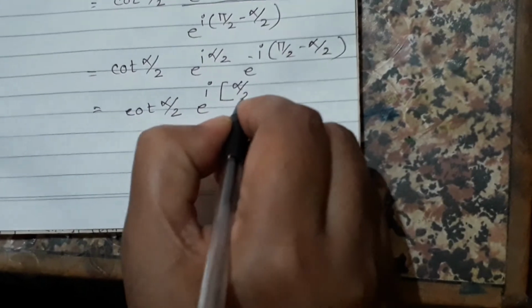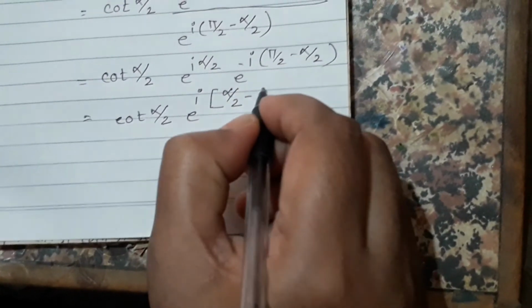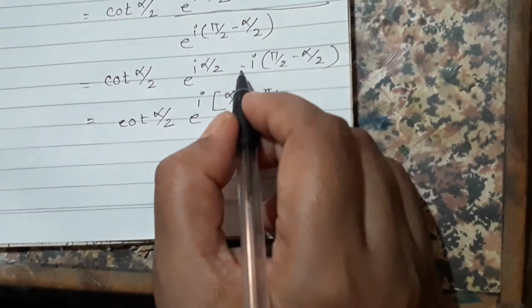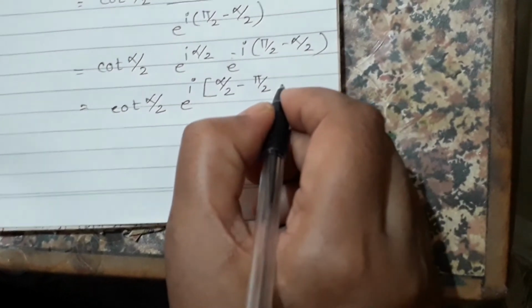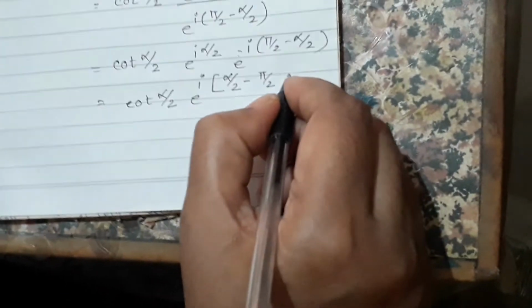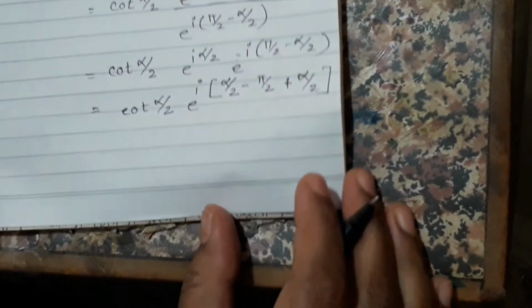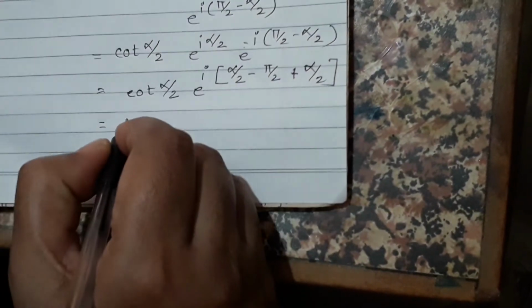Here is alpha by 2, here is a minus pi by 2, and here minus minus becomes plus alpha by 2. So that term is in this form.